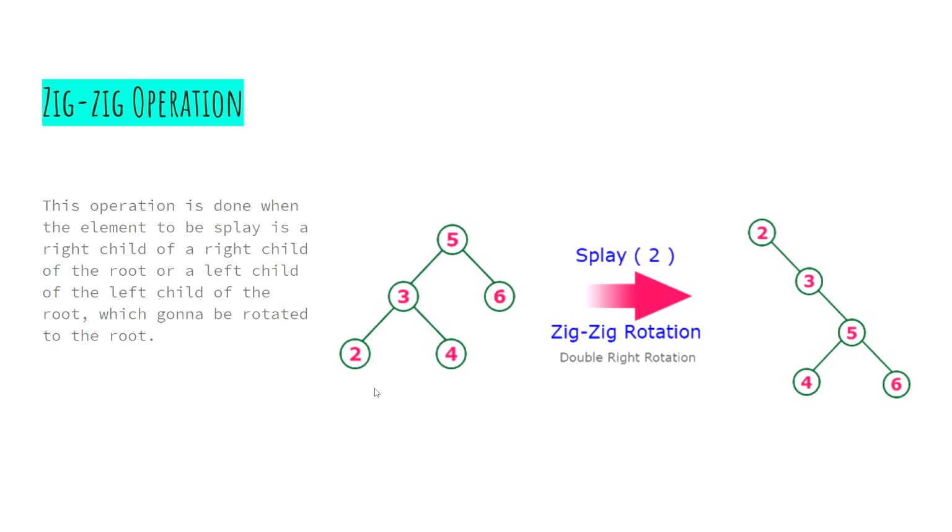And then you're going to rotate the number 2 to the root node.